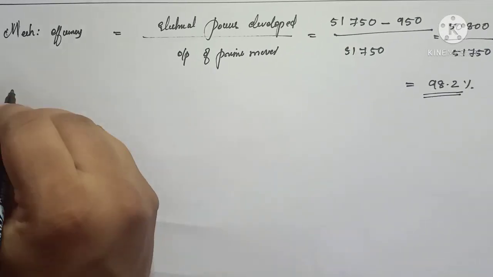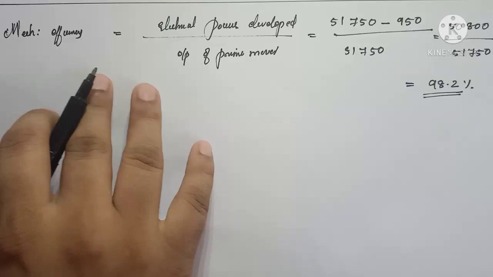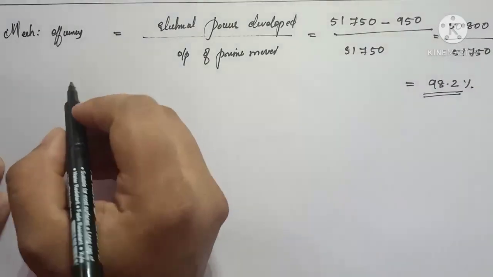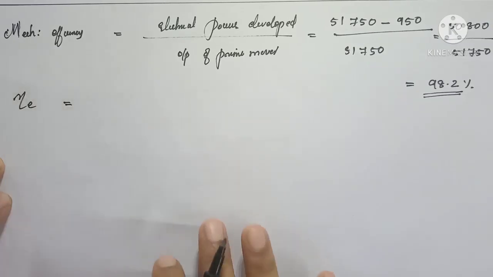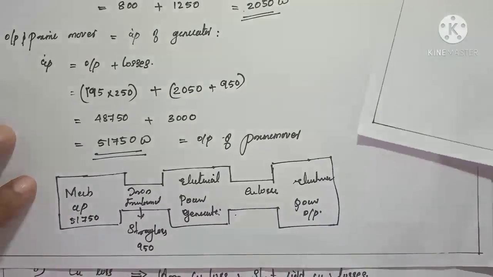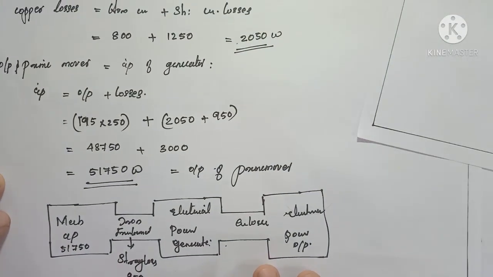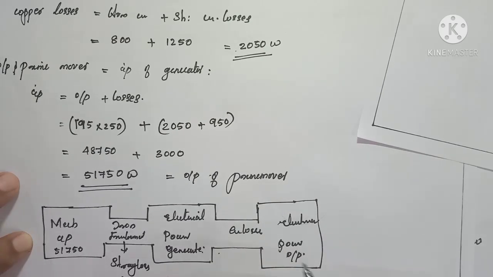And next we can find the electrical efficiency. Based on this power flow diagram, electrical efficiency is nothing but the ratio of electrical power at the output divided by the electrical power generated. Here we need to subtract the copper losses from the electrical power generated.